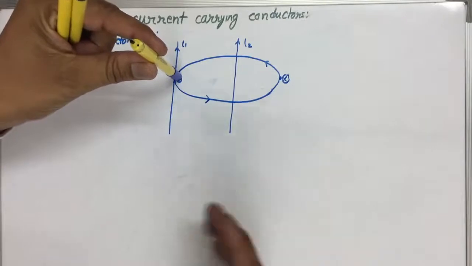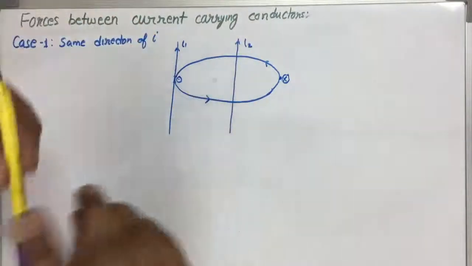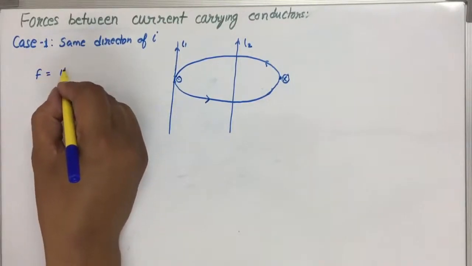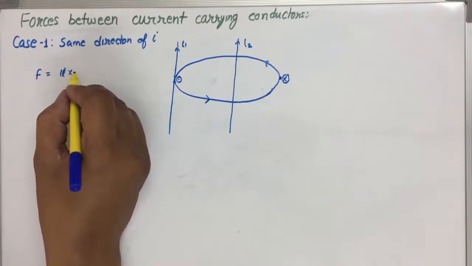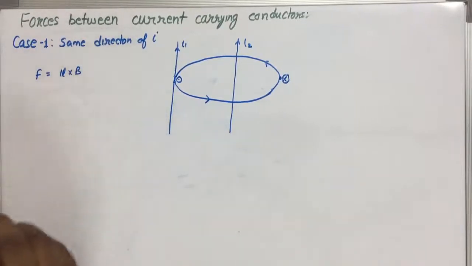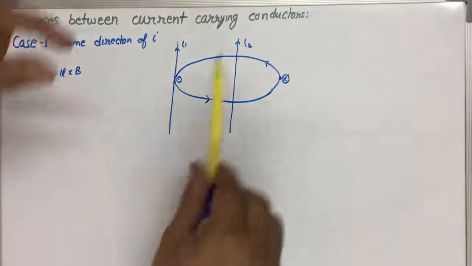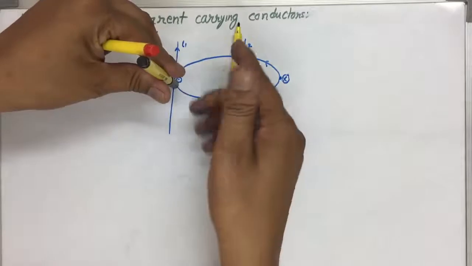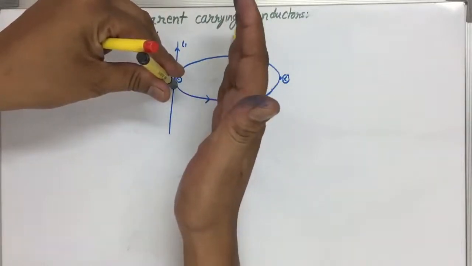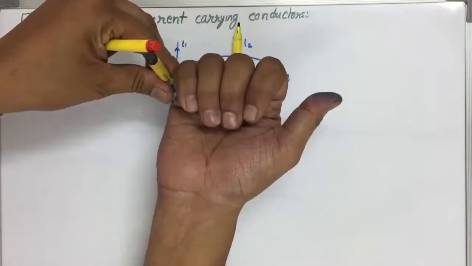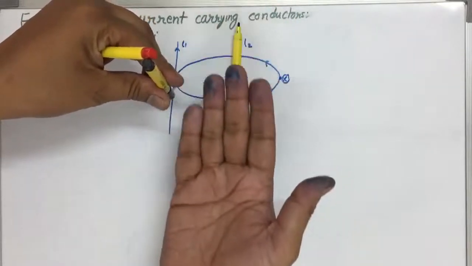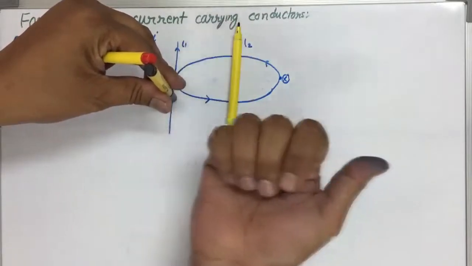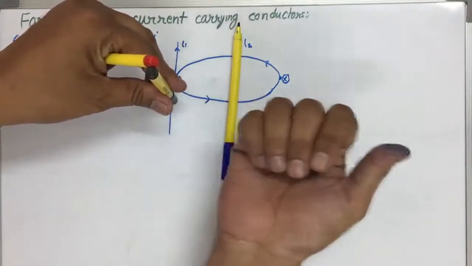and the current is this, then we know the force that we have studied is I dl cross B. We have studied this. Then I is here, B is here, I dl cross B. See my finger, this is I dl and B is up, so the cross product will be in the right direction.